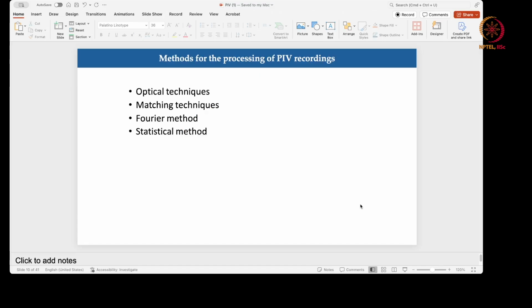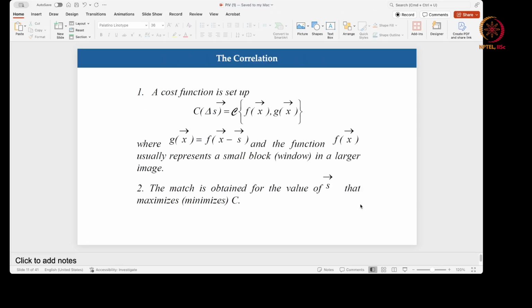The methods of PIV processing are many. You have the statistical methods, the Fourier methods, and the optical methods, all of which we have covered in detail. If you have to summarize it very crudely, you set up a cost function between f(x) and g(x), where g(x) is f(x minus s), and the function f represents a small block or window in a larger image, basically the interrogation window size.